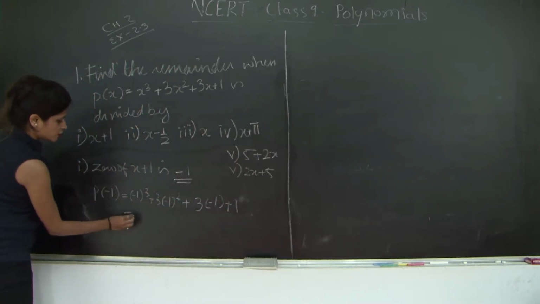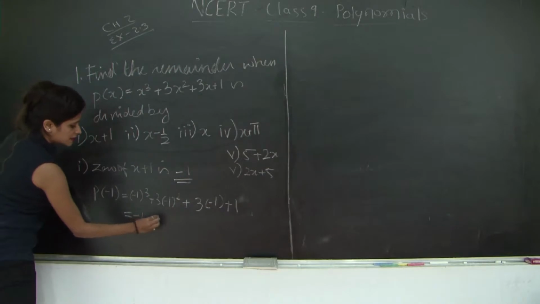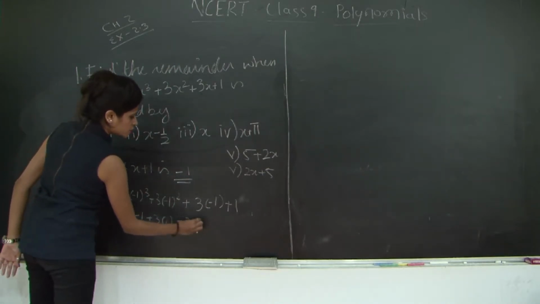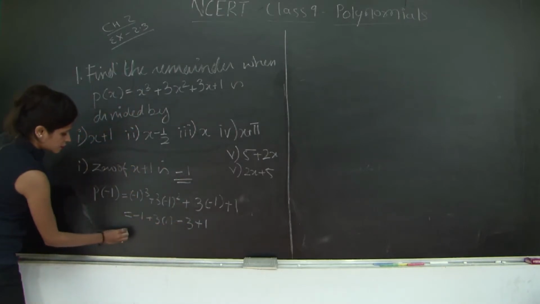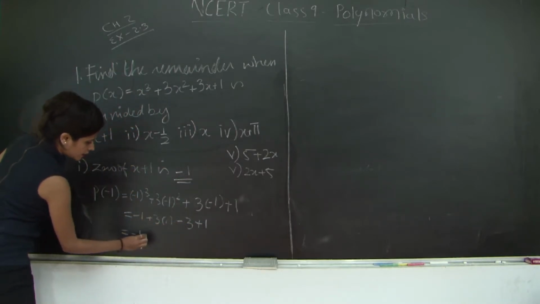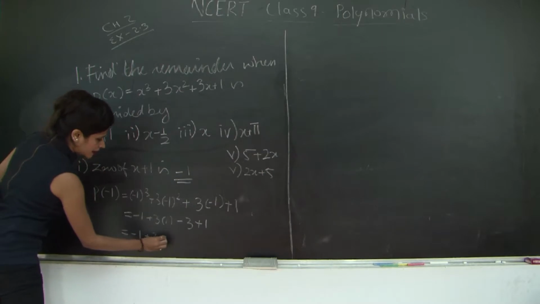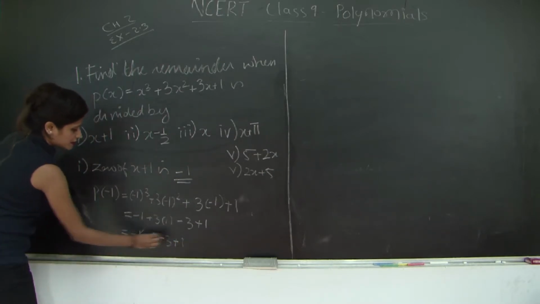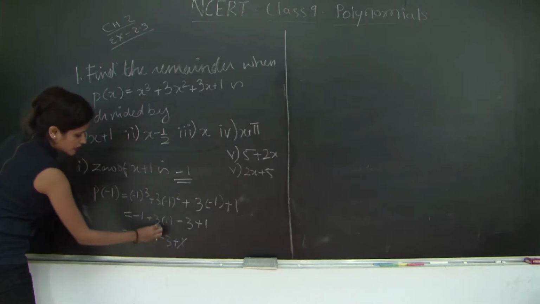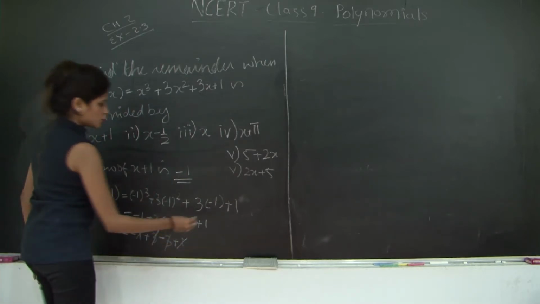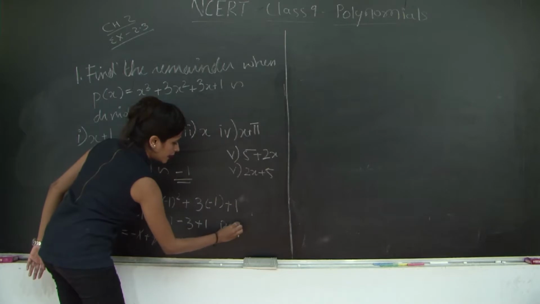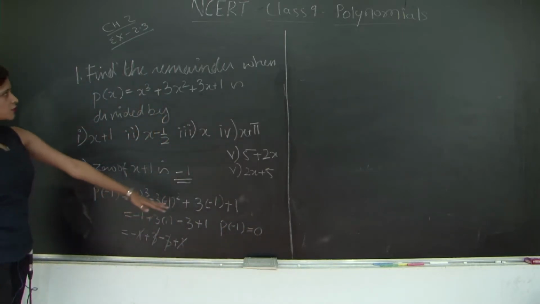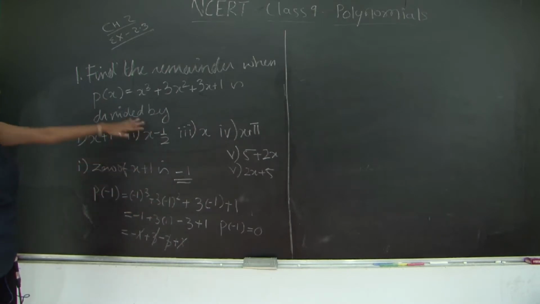So this is going to be equal to minus 1 plus 3 into 1 minus 3 plus 1, right? So this is minus 1 plus 3 minus 3 plus 1. So everything is cancelling. So p of minus 1 is equal to 0, therefore the remainder is 0.